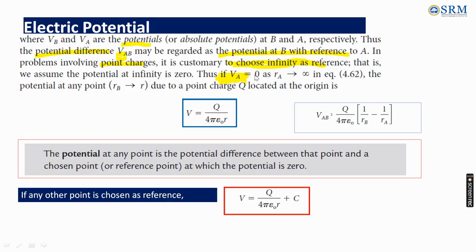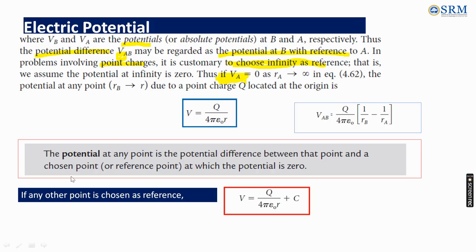That is, we are going to move a point charge from infinity to a point R. So the potential at infinity is going to be 0. If RA is infinity, what happens? 1 by RA is going to be 0, and RB is going to be R. So the potential at any point due to a point charge is Q divided by 4 pi epsilon naught R.